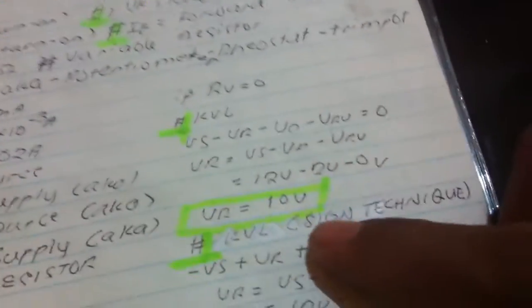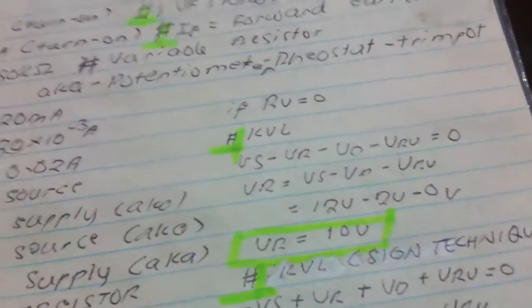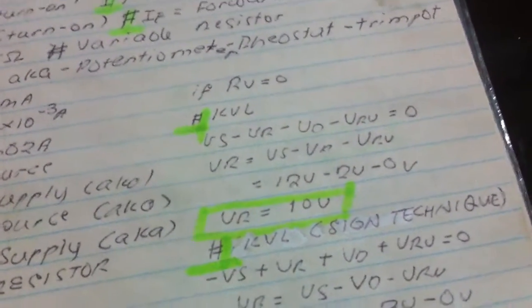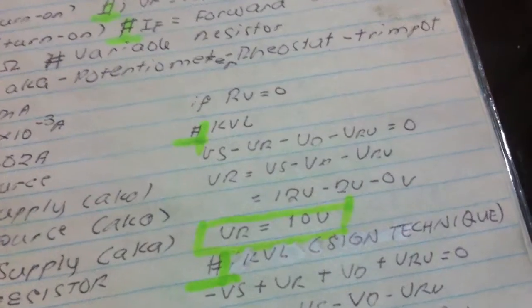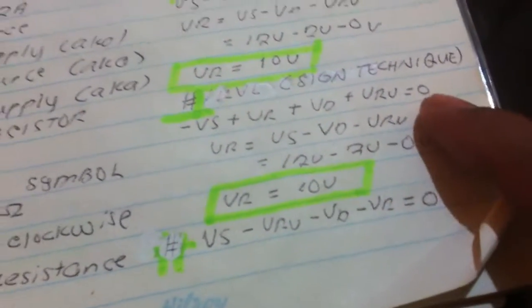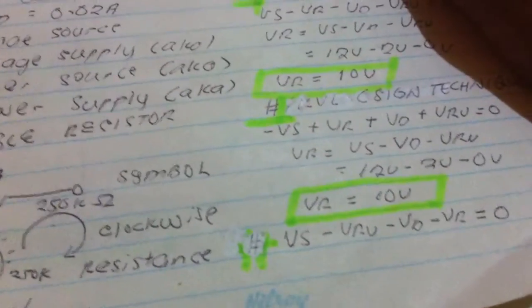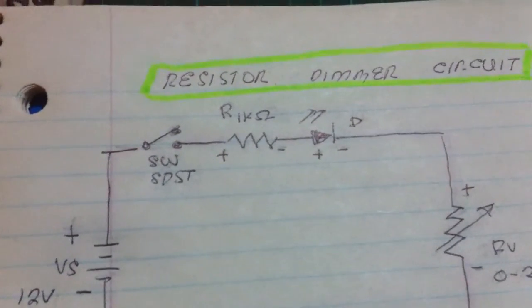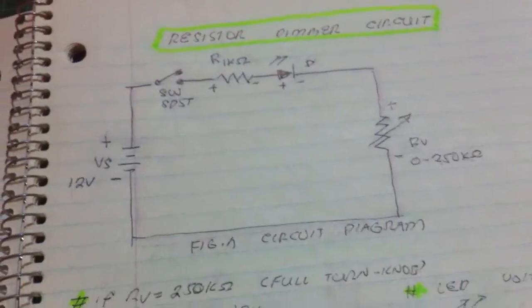So, it's the same as this standard technique: supply minus the load. This sign technique, we have two sign techniques, from here and also here. Just follow the sign. So that is the meaning of this equation. So we got now here the same.